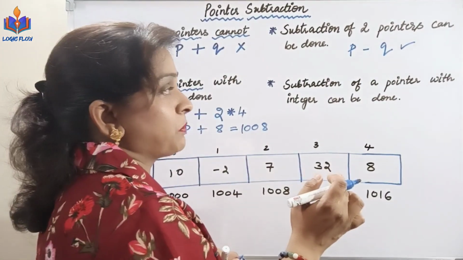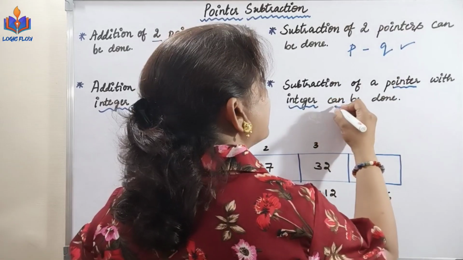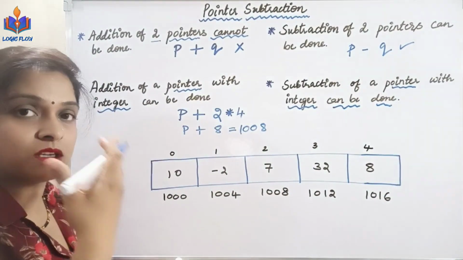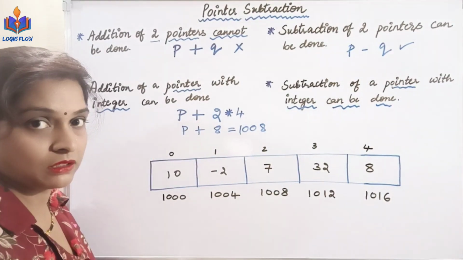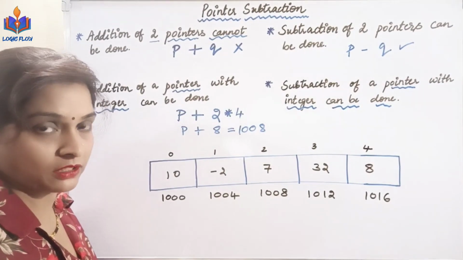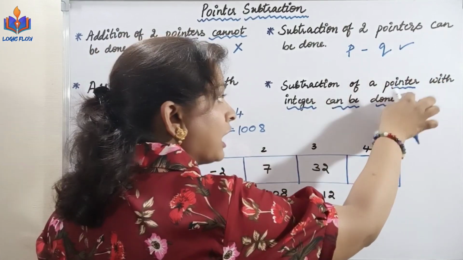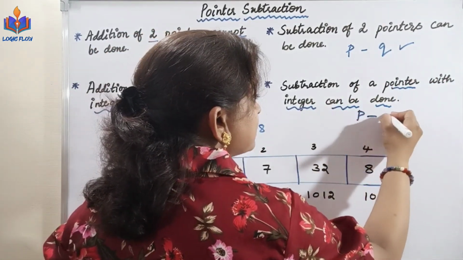Another point with subtraction: subtraction of a pointer with an integer can be done. Just as addition of a pointer with an integer can be done and gets calculated with the size of the data type, here also subtraction of an integer from a pointer can be done. So I can just say P minus 2.